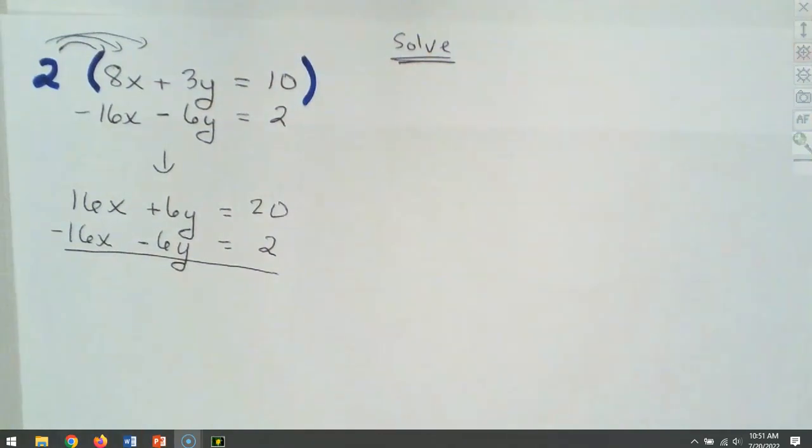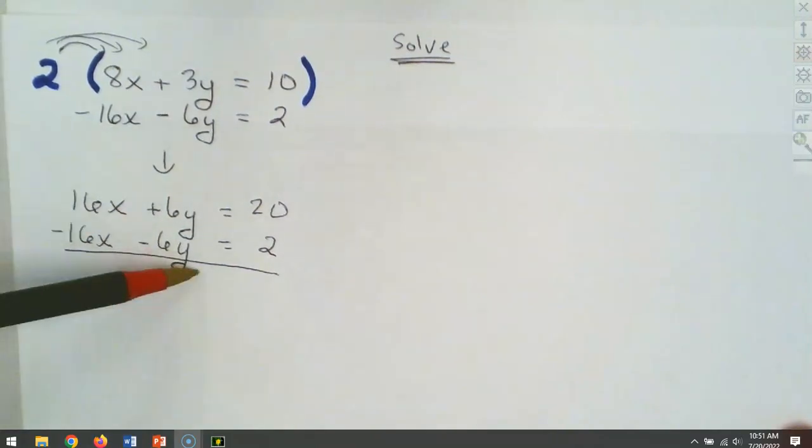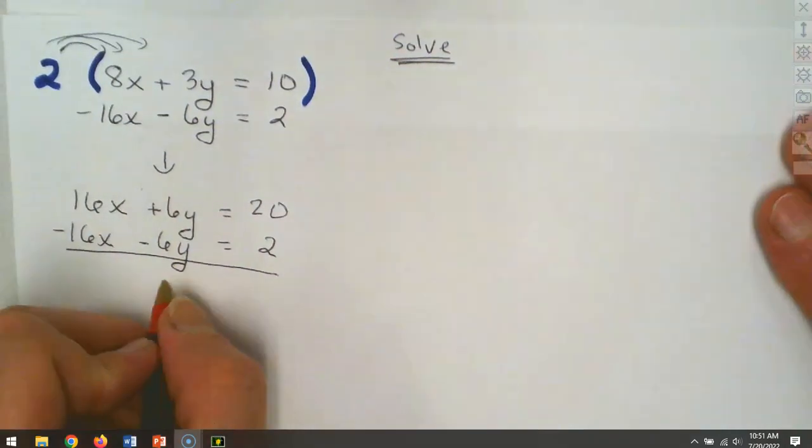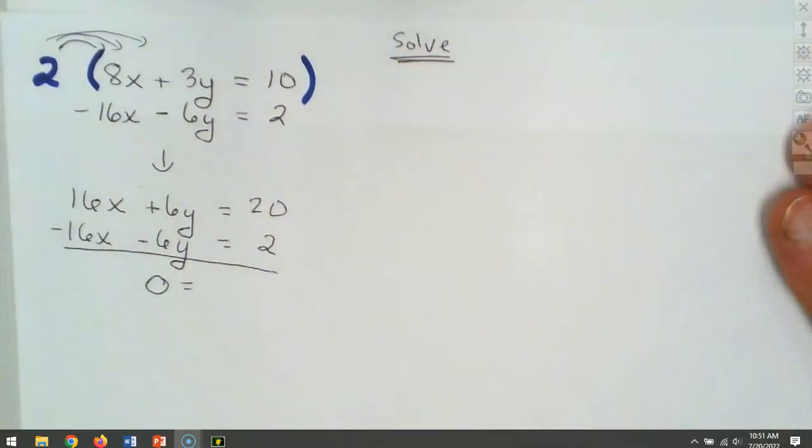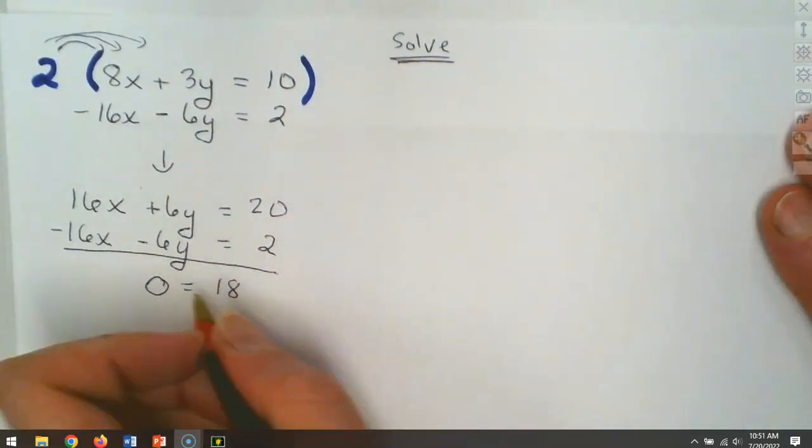Because what's going to happen when I add down? The x's go, the y's go, and we get 0 equals what? 18. Can 0 equal 18? No. This is a contradiction.